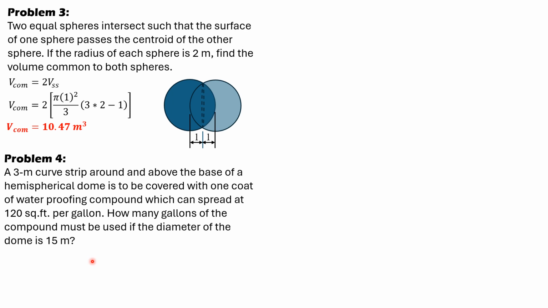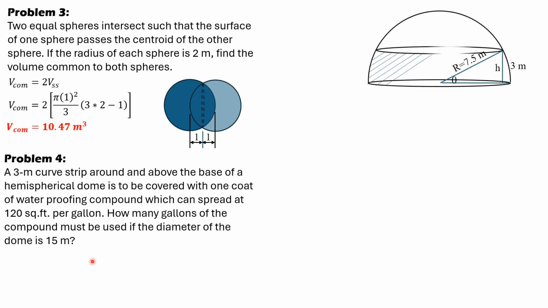So first, let's compute the zone area. And let's have the figure. That's the figure. 1 gallon is 120 square feet. So we multiply by 1 meter, which is 3.281 feet, quantity squared, so that we can express the spreading capacity of 1 gallon.